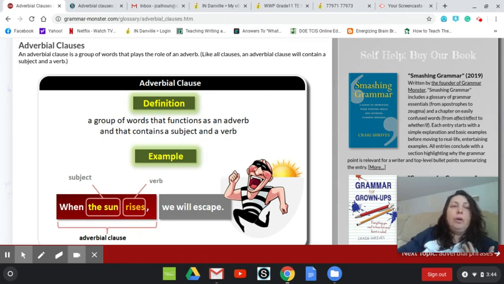All right, so we've got the clause, subject, verb, and we've got adverbial, which means that it modifies a verb, could modify an adjective, could modify an adverb within the sentence. Most of the time, it's a verb for the most part, but I will show you that often you can tell when it's not a verb.